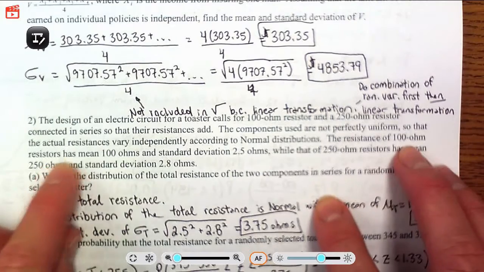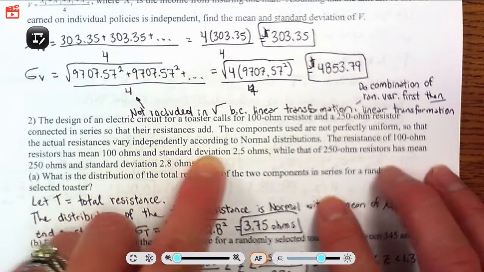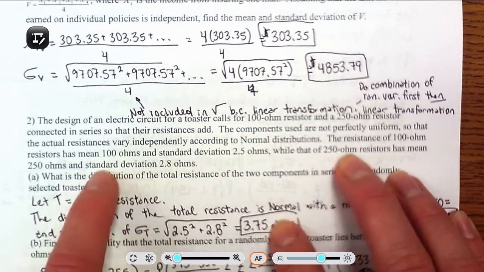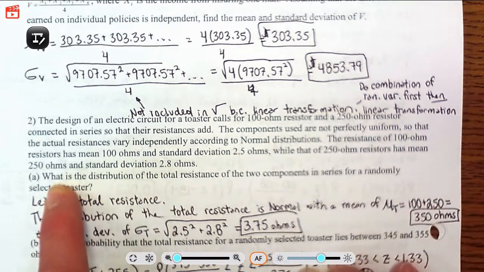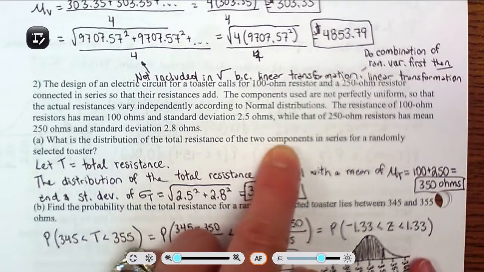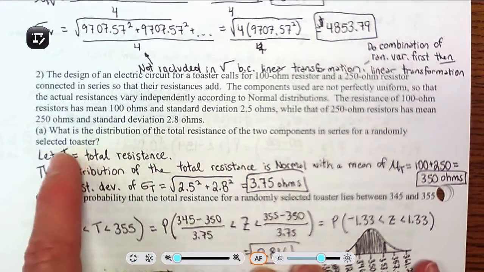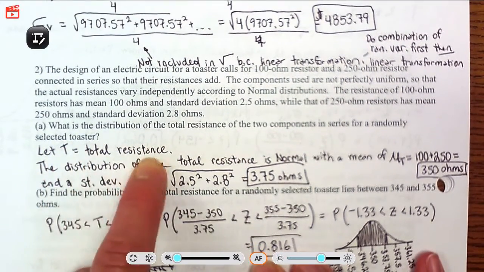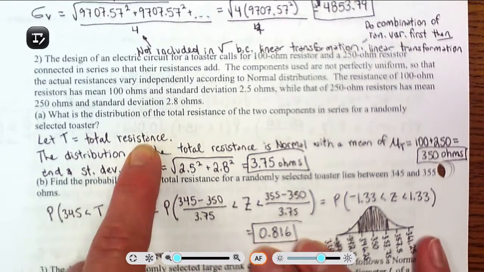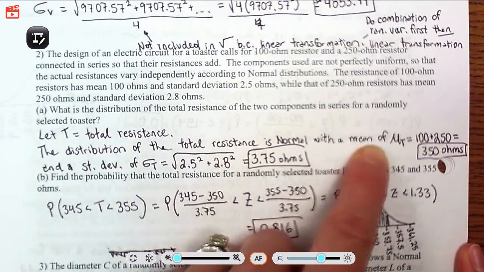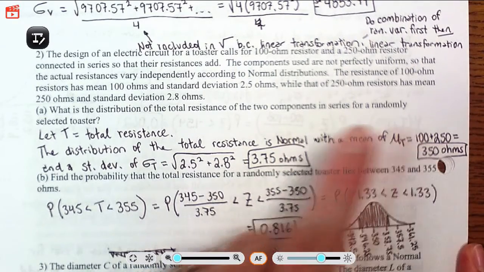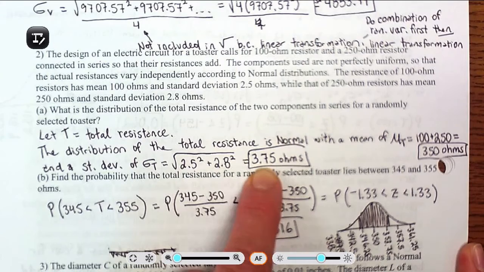The 100 ohm resistor has a mean of 100 ohms and a standard deviation of 2.5, while the 250 ohm resistor has a mean of 250 ohms and a standard deviation of 2.8. What is the distribution of the total resistance of the 2 components in series for a randomly selected toaster? Let T equal the total resistance, which is very important because they didn't define that. The distribution of the total resistance is normal with a mean of mu T and a standard deviation of sigma T.